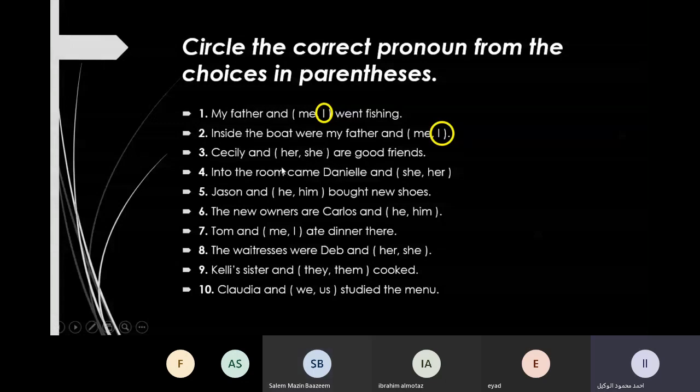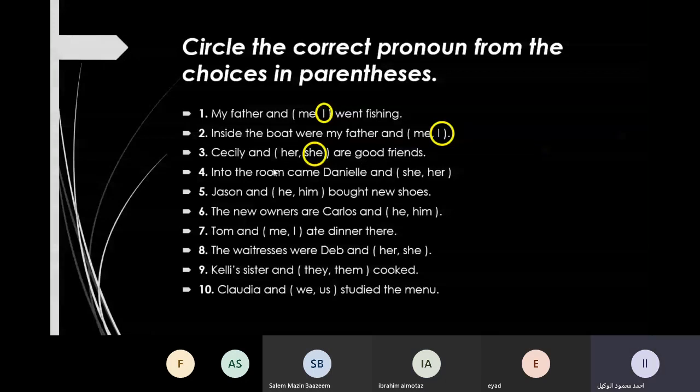So we need the subject pronoun, not an object pronoun. When you have two subjects, and one of them is a pronoun, it's called a compound subject. We use the subject pronoun, not the object one.